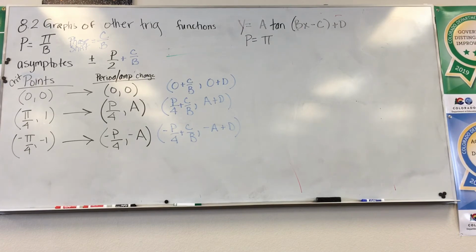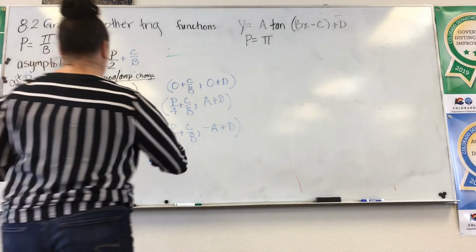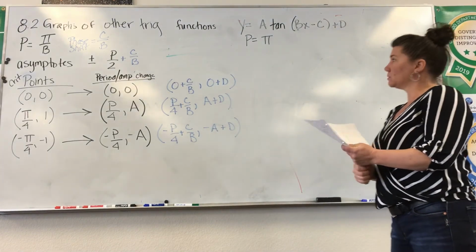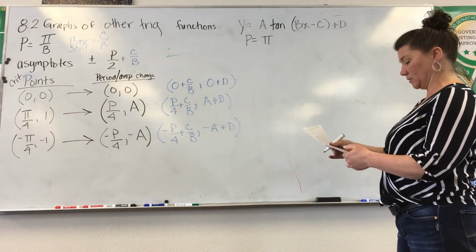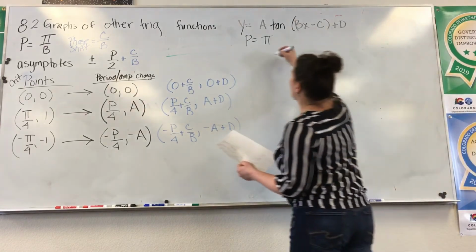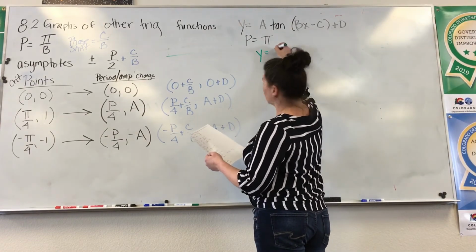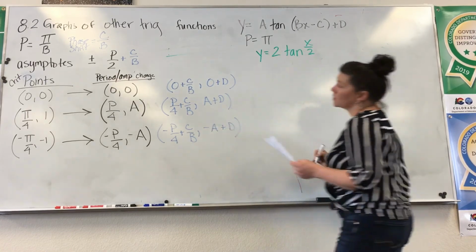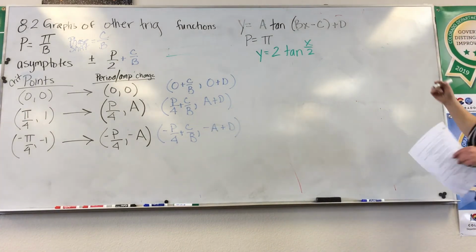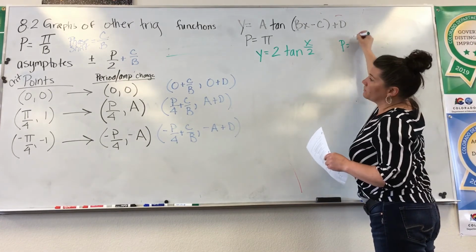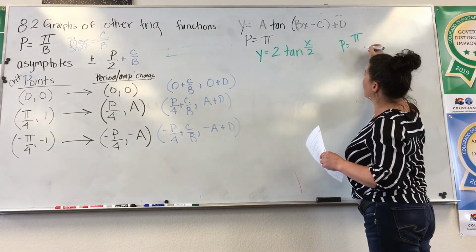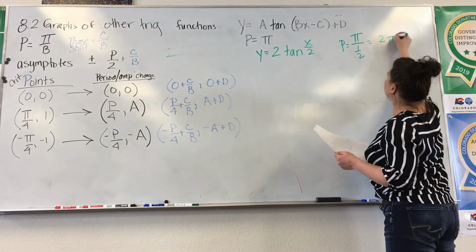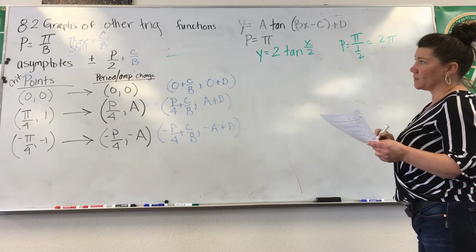So let's do one real quick. I don't remember if I graphed this one, but we can. If I have y equals 2 times the tangent of x over 2, the first thing I need to do is find my period. So the period is pi over 1/2, which is 2 pi. Okay.